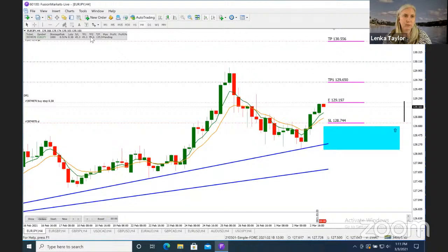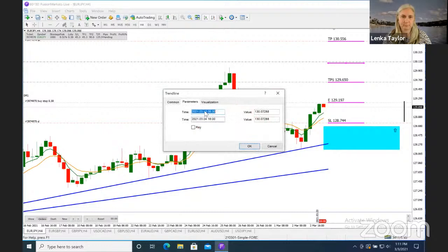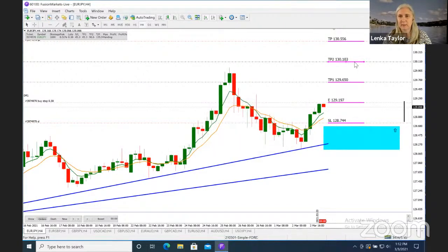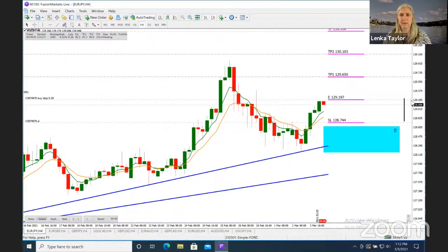And then TP2 is there. Okay, there we go. Those are the levels that I'm looking to enter on that chart, Euro JPY, there we go.